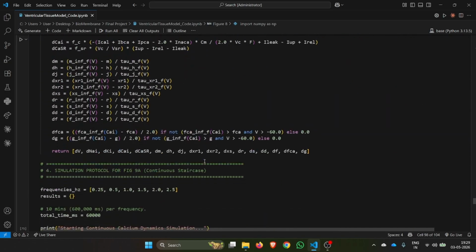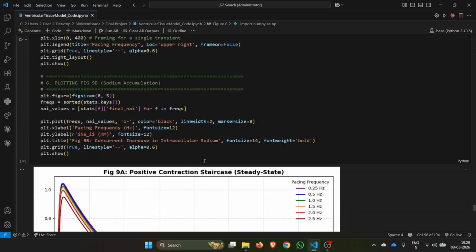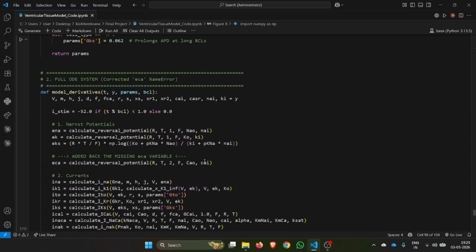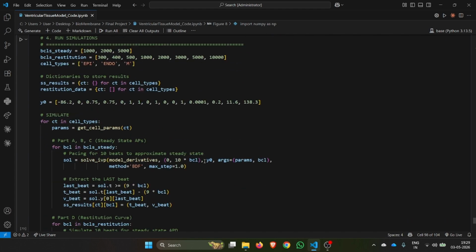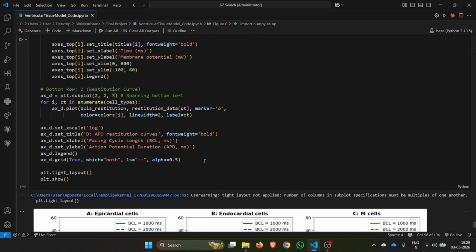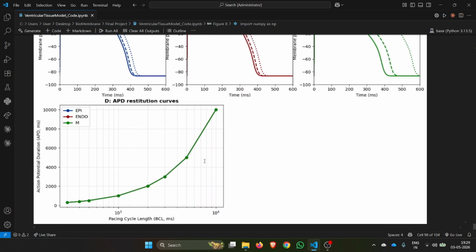We were able to simulate up to the 10th figure, but after that the plots are 2D spatial-temporal variations, which we were not able to solve. Yeah, thank you.